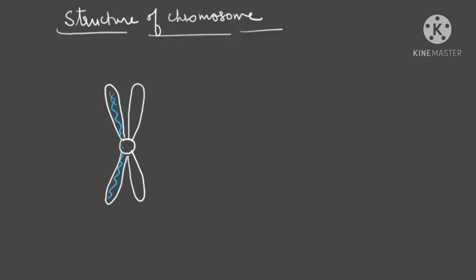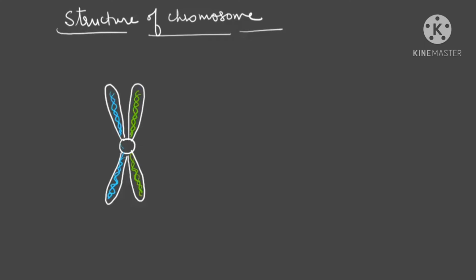I'm using blue color to indicate that one DNA is present and making one chromatid. I'm using another color just to help understanding. This is the one which replicated at the time of interphase, and now this is the second chromatid.